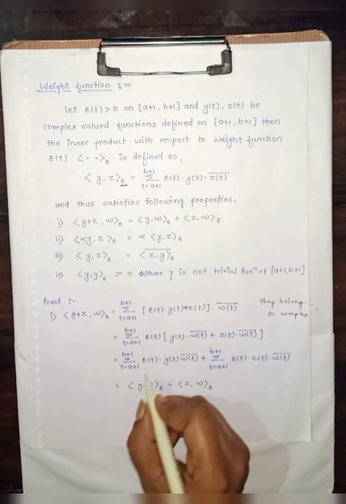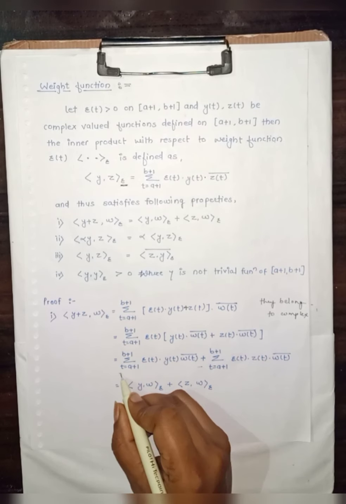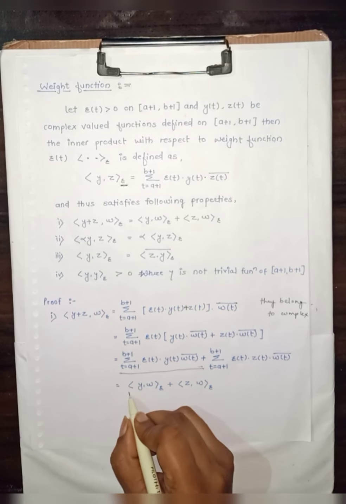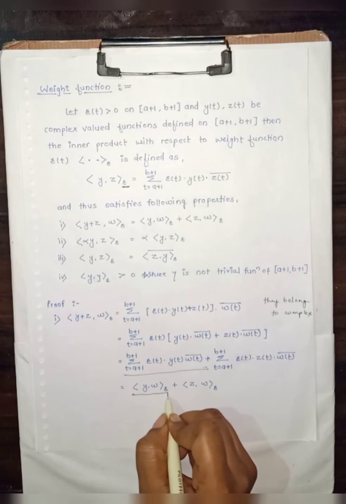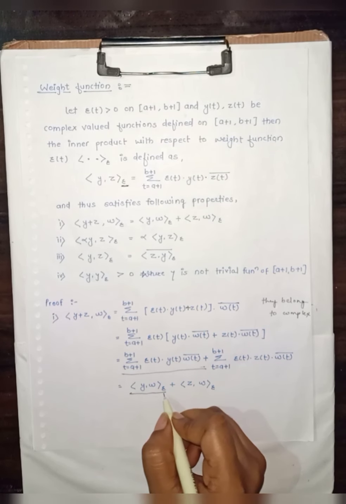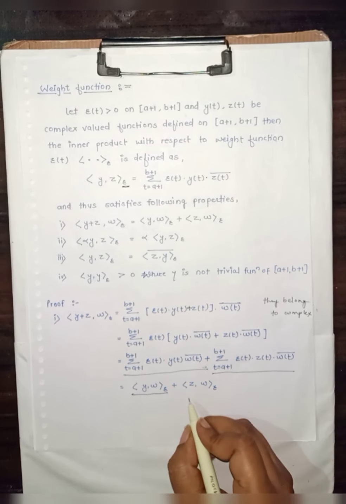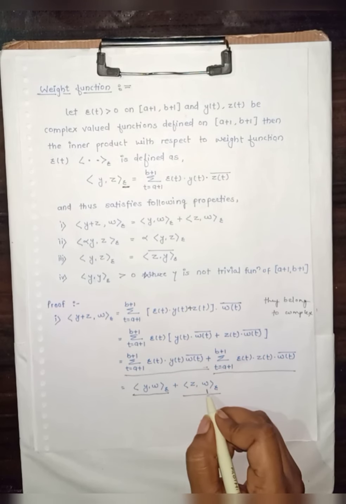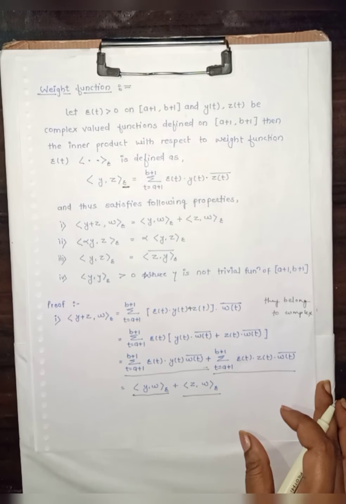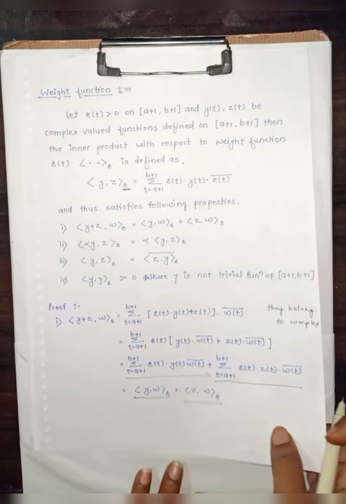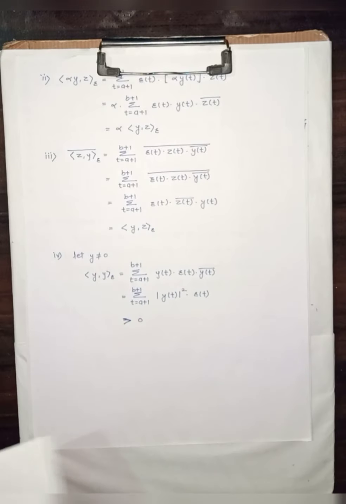That is equals to, this value is written as inner product of y omega with respect to weight function r, and this value is written as inner product of z omega with respect to r, and that is first property is proven.